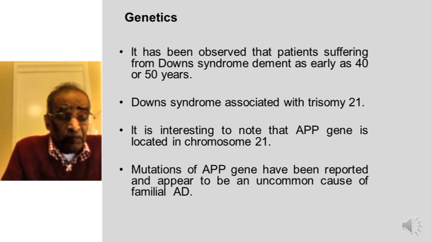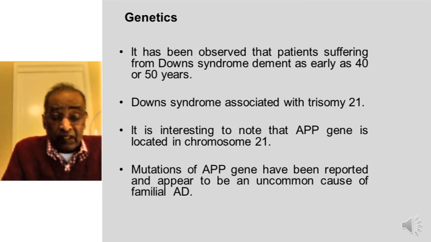It was mentioned before that APP was cleaved by three enzymes: beta secretase, gamma secretase, and alpha secretase. Beta and gamma secretases cleave to beta amyloid with 42 amino acids, while alpha secretase, which cleaves beta amyloid with 40 amino acids, is responsible for normal function.